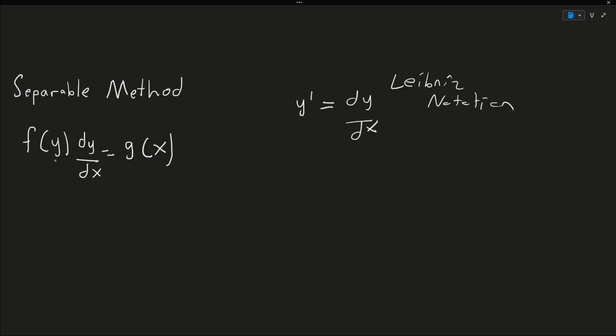So you're going to have y terms and x terms, and y prime, which is dy over dx. What you want to do is gather your y terms with the dy, and the x terms with the dx. So basically, you're going to have something like this.